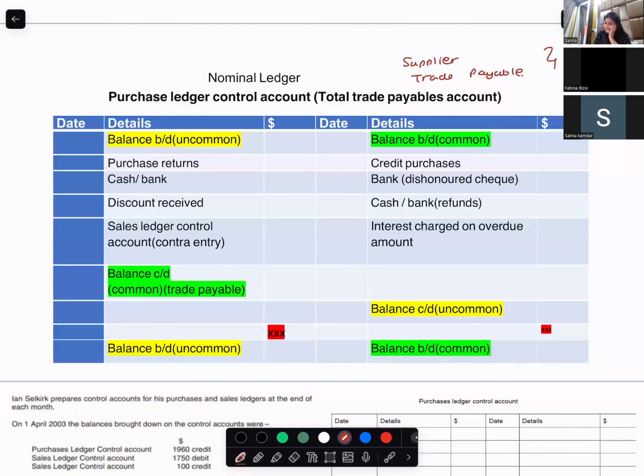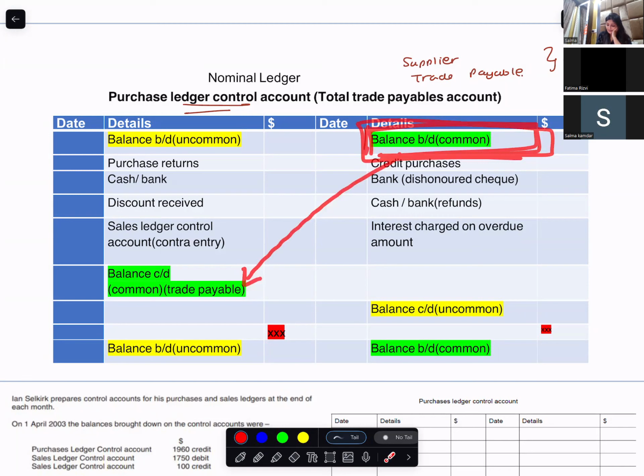Suppliers have a credit balance. So the normal balance of your PLCA would be what? Credit side. So this is your normal balance on the same side. And this is the closing balance, which will come on the opposite side.